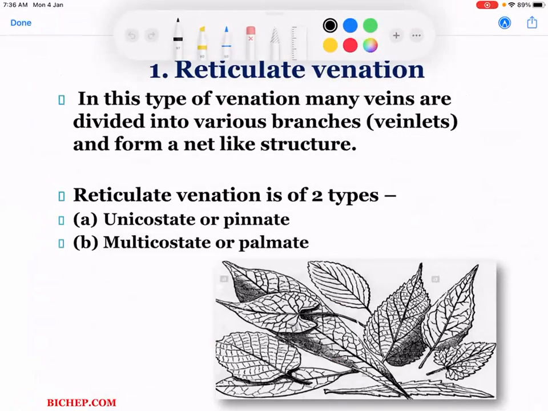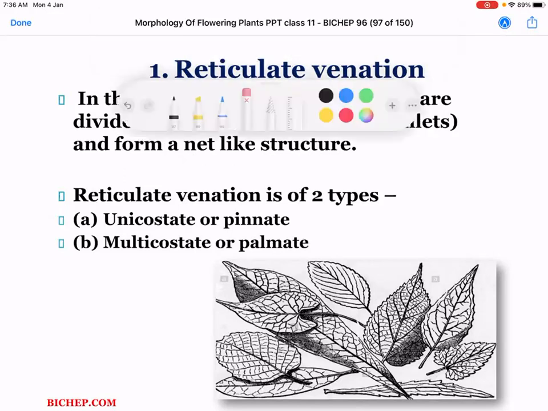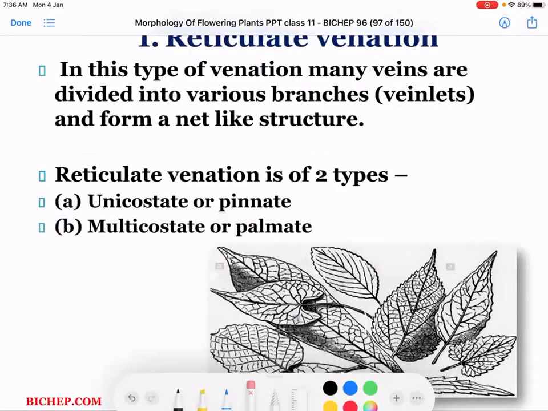In this type of venation, many veins are divided into various branches, which are called veinlets, and form a net-like structure. Due to the net-like structure, it is known as reticulate. Reticulate may be unicostate or pinnate or palmate, as we have already discussed earlier. Ready? Take the screenshot.